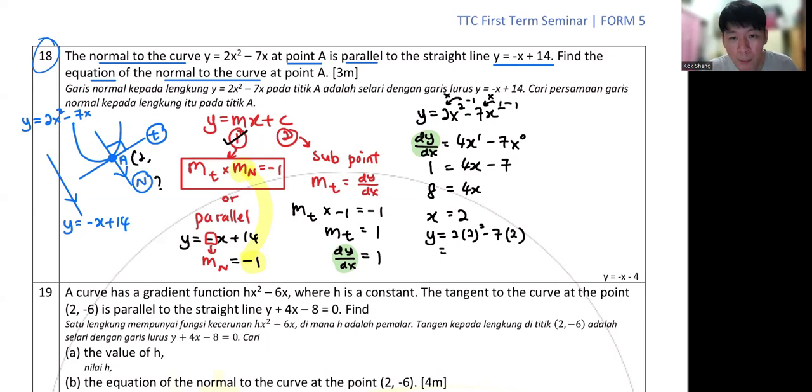Two times 2 squared minus 7 times 2. Two times 2 squared minus 7 times 2 gives negative 6.